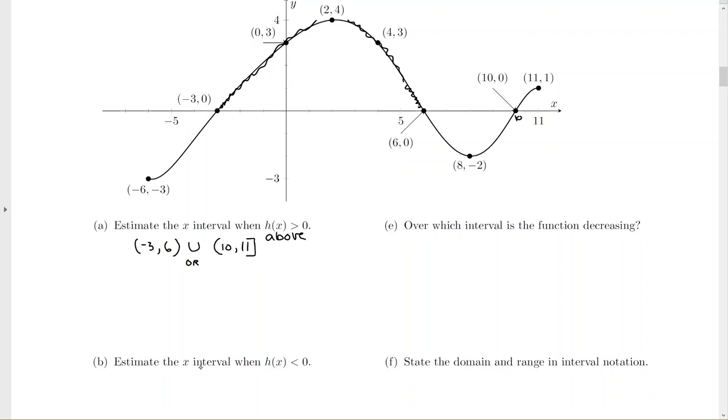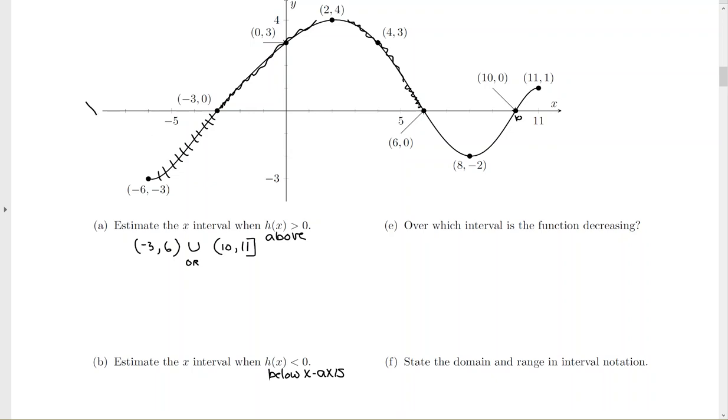For part B, estimate the x interval where h of x is less than 0. That would be below the x-axis. So if I come back through here, I'm definitely below here. But when I read it off, I go from left to right.